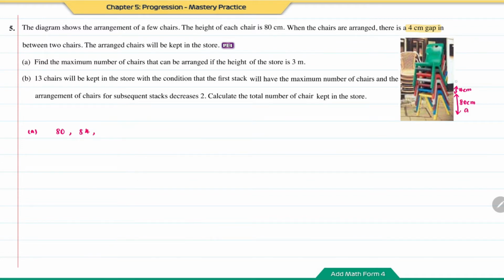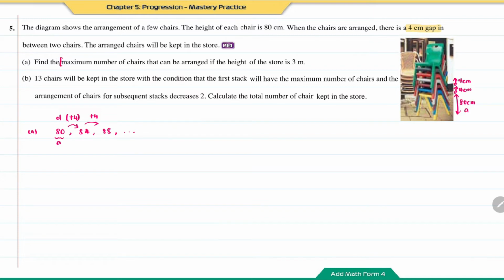When you stack the third chair, there is going to be another 4 centimeter gap between them. Therefore, now the height is going to be 88. Based on this, we can say that the arrangement of chairs is going to form an arithmetic progression with a equal to 80, and the 4 centimeters here is going to be the common difference.